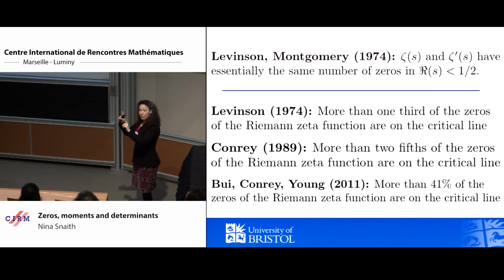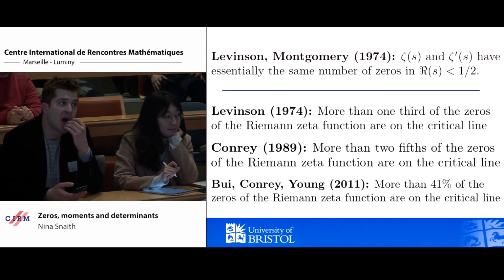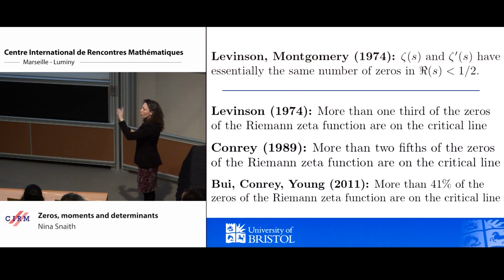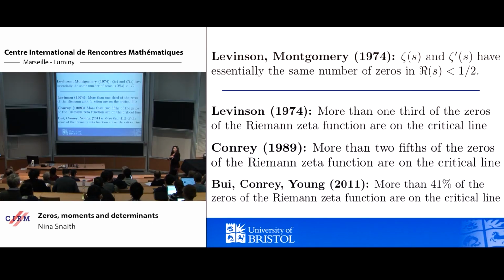But the zeros of zeta come in pairs, mirror images on either side of the critical line. So if there's less than a third of the zeros on the left of the half line, there are also less than a third on the right of the half line, which puts more than a third of the zeros of zeta on the half line, which is this result here. So this is saying a third of the zeros are on the critical line, where the Riemann hypothesis would put all of them.